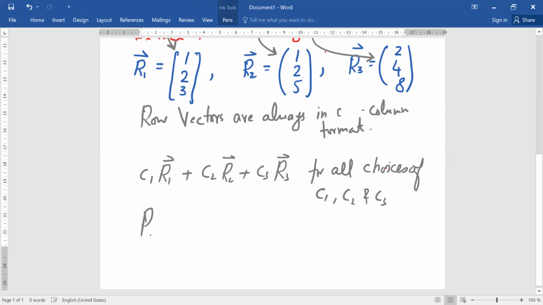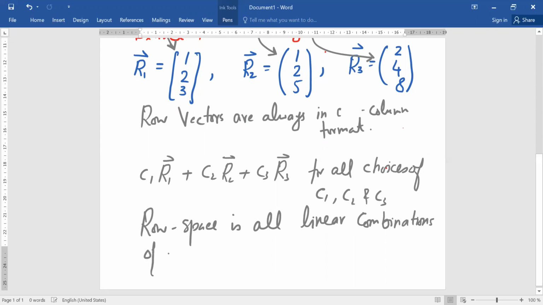So my row space is all linear combinations of row vectors. Now, this is what I want to emphasize here. So row space is all linear combinations of row vectors.